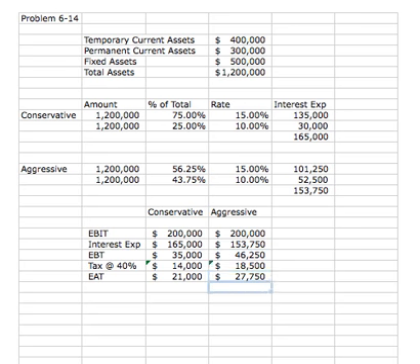So the aggressive approach actually gives us a little bit more income, doesn't it? Earnings after taxes looks like about $6,750 more. So we would choose at this point the aggressive approach over the conservative approach.